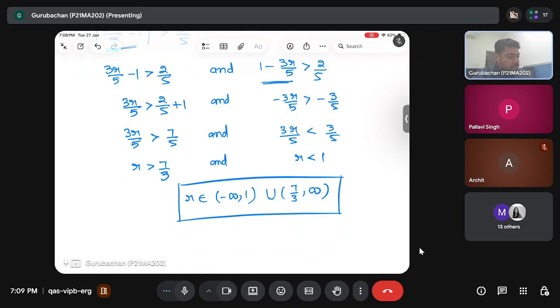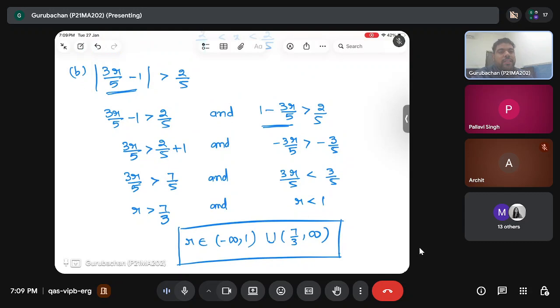So here and means not that and that you were saying, not intersection. Here and means just, you can say, that r can be this and r can be this. I am not saying here that it should lie in both intervals. Are you getting it? Yes, sir.